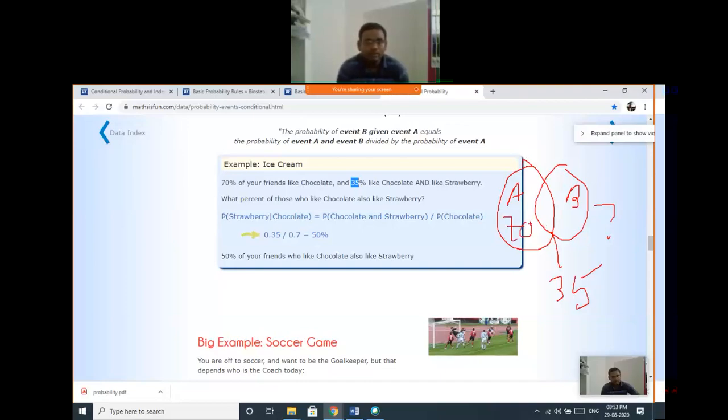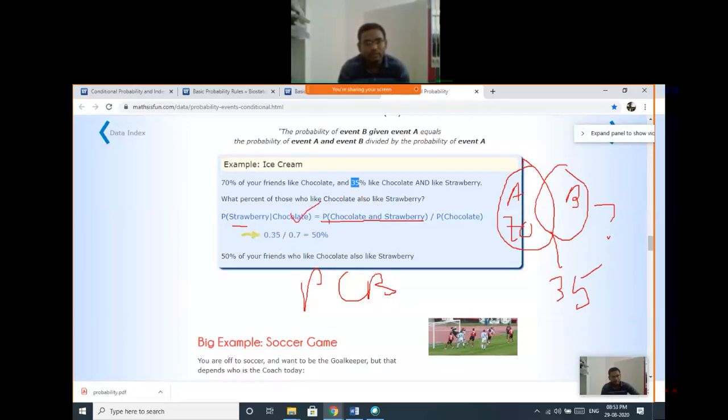So we have to calculate the probability of B, the probability of strawberry given chocolate. Chocolate is given and you have to find the probability of strawberry when chocolate is given. This is read like this. So you apply the conditional probability formula: probability of chocolate and strawberry, that is the intersection, divided by the probability of chocolate.